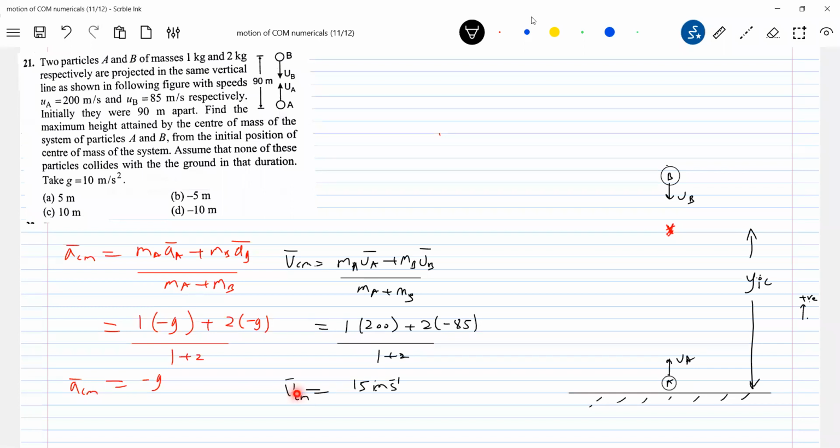Sir, acceleration of B should be plus g, sir. Why plus g? Sir, it's downward, no, sir. No, both are, mg will act downward, no? Yes, sir.